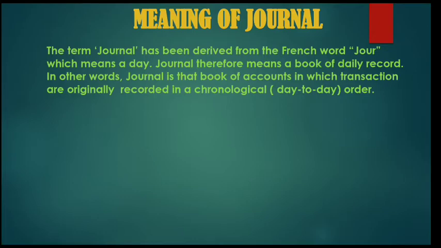In other words, journal is that book of accounts in which transactions are originally recorded in a chronological day-to-day order. So whatever purchase or whatever goods we are selling, all the transactions are recorded in the book of accounts in a chronological order.